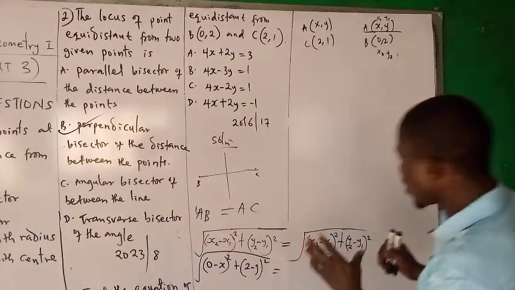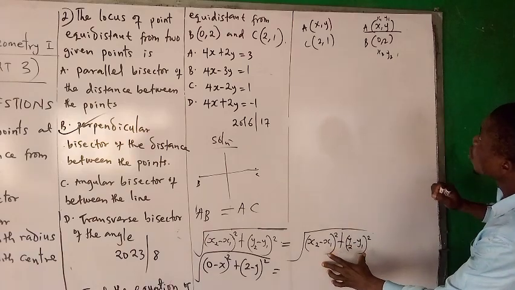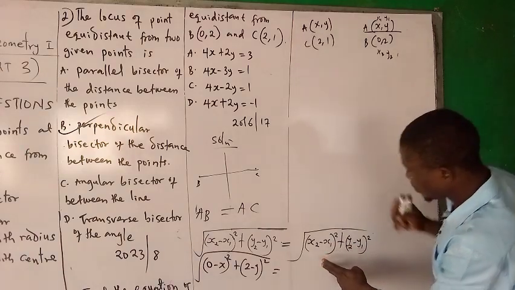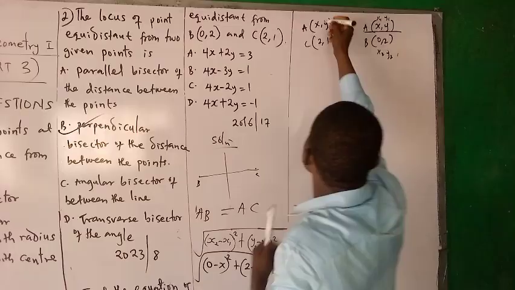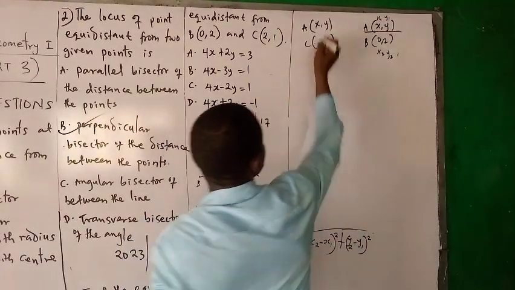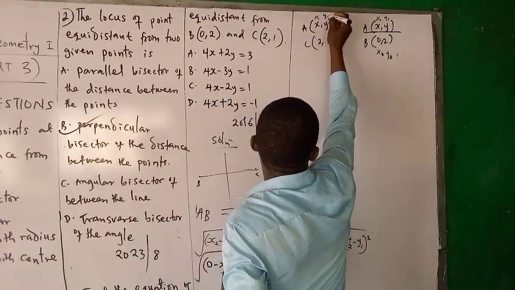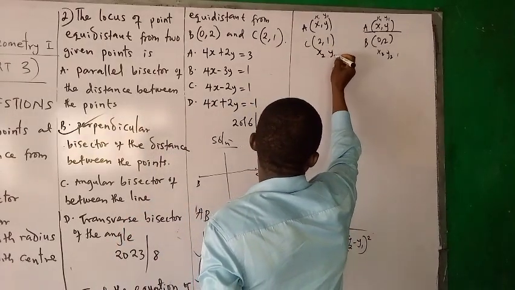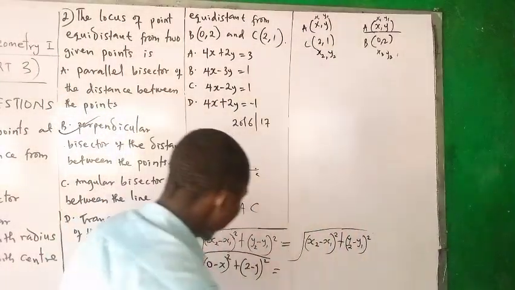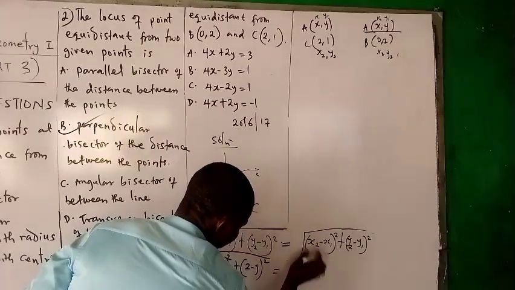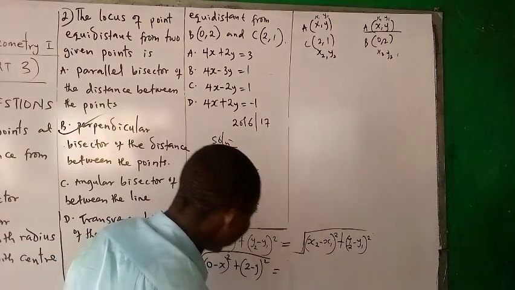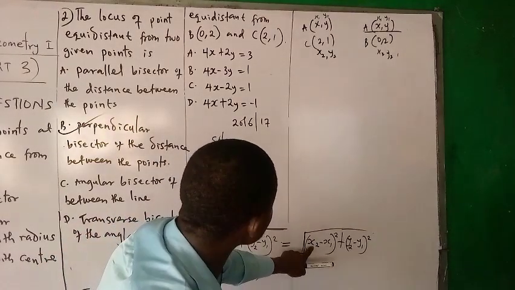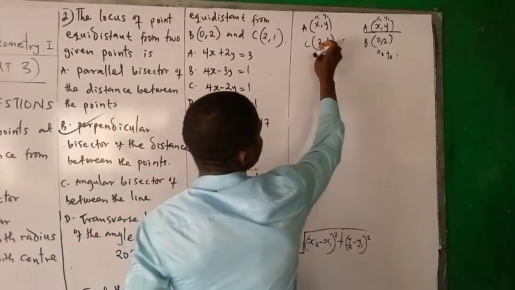Now this is the next point, which is AC. For AC, the first coordinate is x1, y1, the second coordinate x2, y2, right? So I want to substitute now. Our x2 is 2, right?